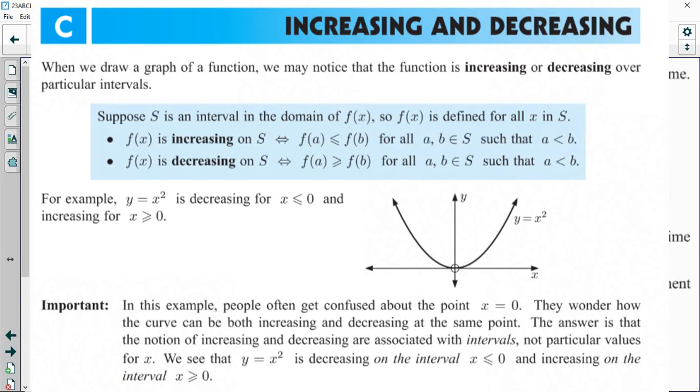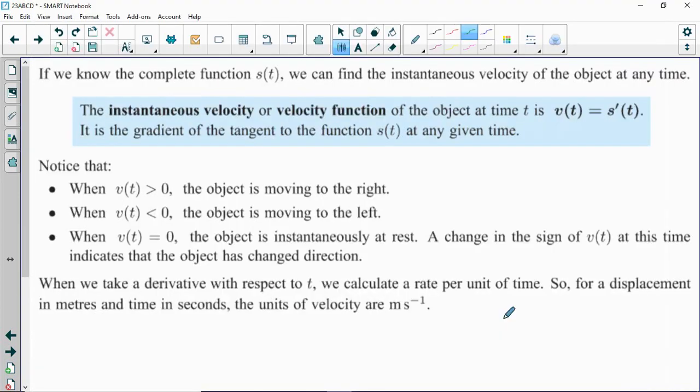And so that meant that a parabola, for example, was both increasing and decreasing at its vertex. And in the context of physics, that would mean that our stone from the previous example was simultaneously both moving right and moving left at its highest point.